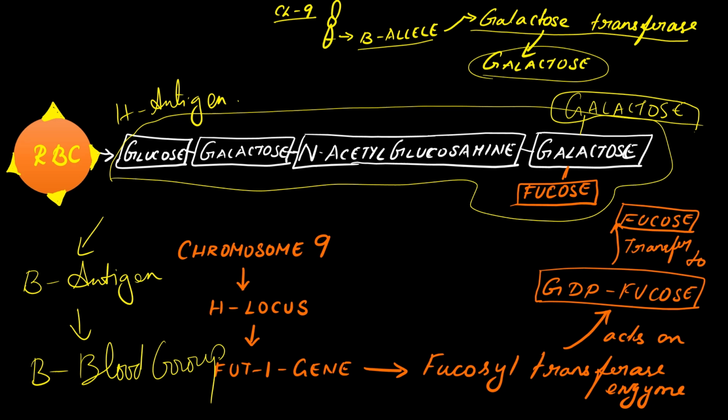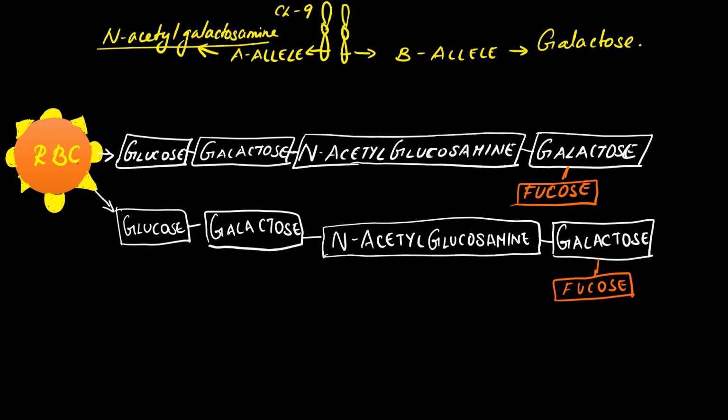Next, about the AB blood group. We have studied already that AB blood group people will have both the A antigen and the B antigen. So what is going to happen in that particular person? Both homologous chromosomes are going to have dominant genes.